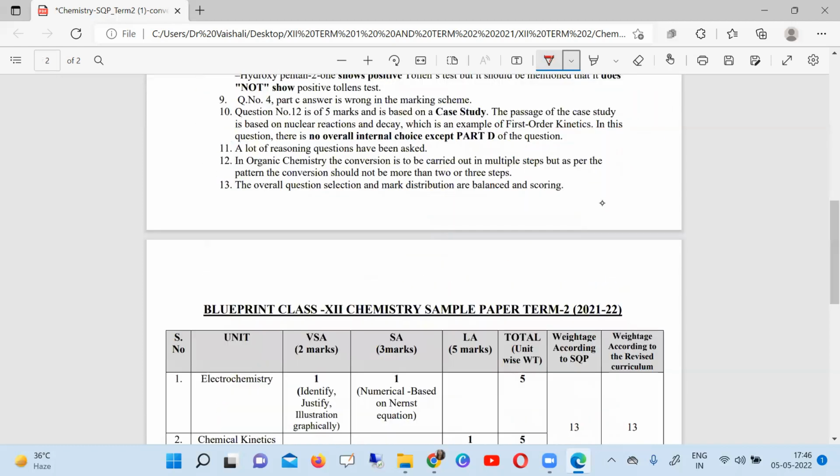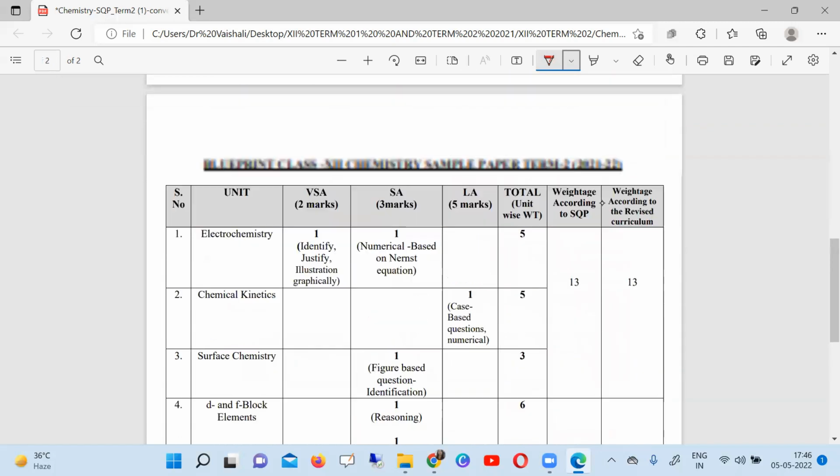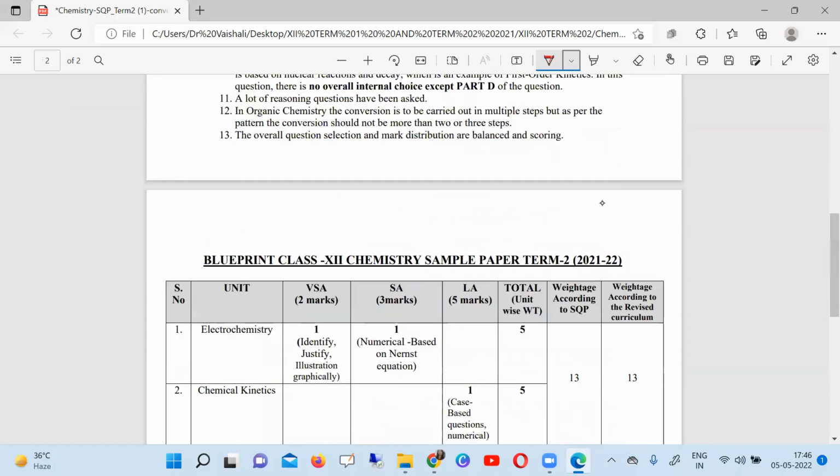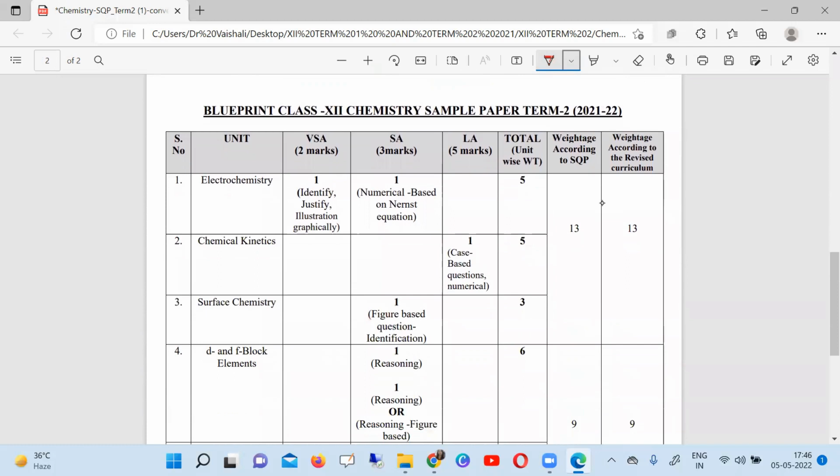Now, what is the distribution of the questions? What is the blueprint of this Class 12 Chemistry sample paper? Unit wise, we can discuss how the questions are divided, whether they are 2 markers, 3 markers, or 5 markers. The first chapter is electrochemistry.